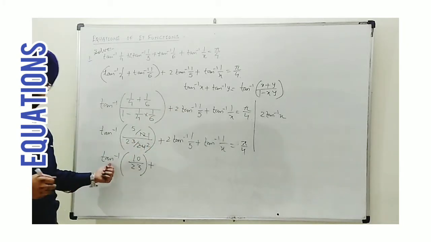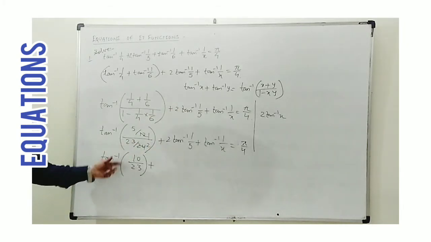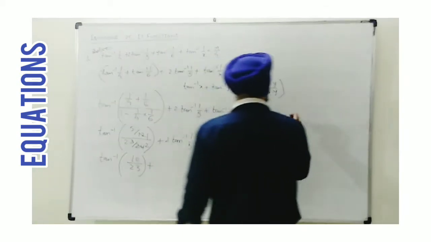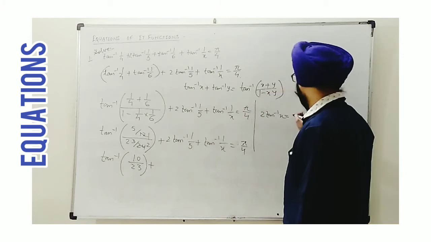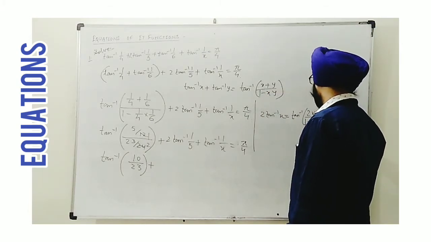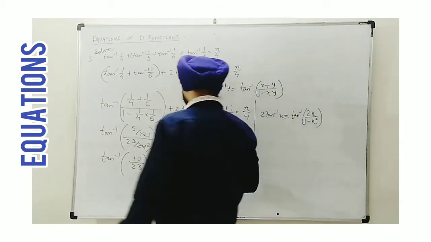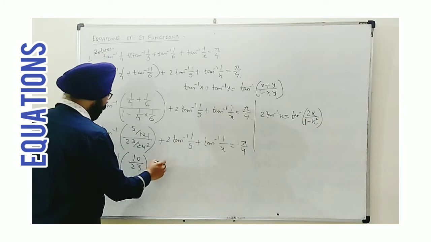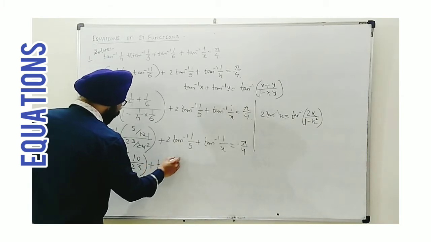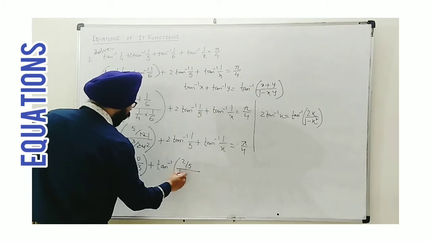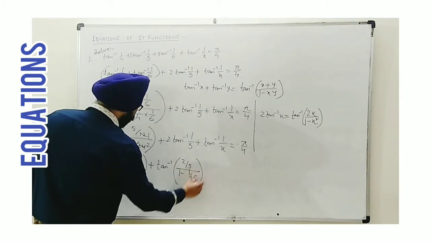Here, as we are having rest of the terms as tan inverse, we will convert this term as tan inverse only. So 2 tan inverse x can be written as tan inverse 2x upon 1 minus x square. Putting x as 1 upon 5, I will find this as tan inverse 2 upon 5, 1 minus 1 upon 25.